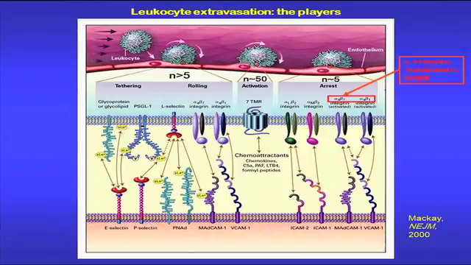And of the integrins, which mediate arrest, again, there are about 5. So given that you only need one selectin, one chemokine, and one integrin each time a cell leaves the blood, you can see there's a lot of different combinations which can help specify which cell is leaving the blood under which circumstances for which purpose.